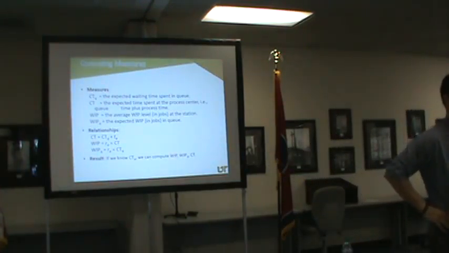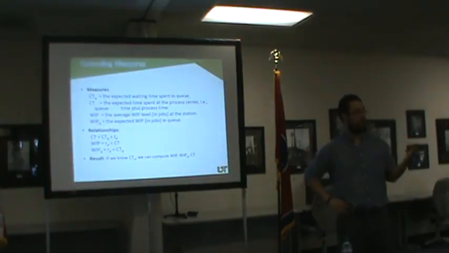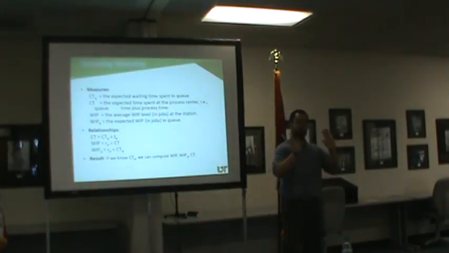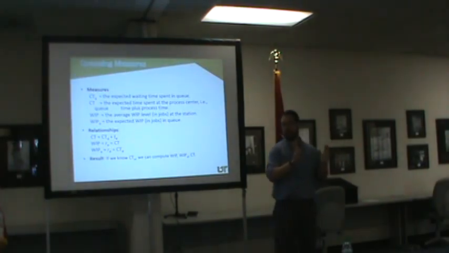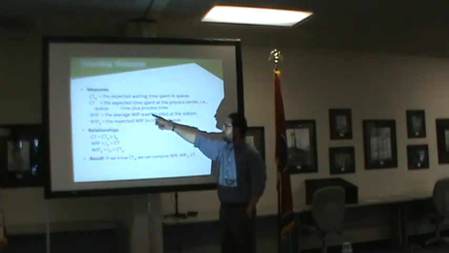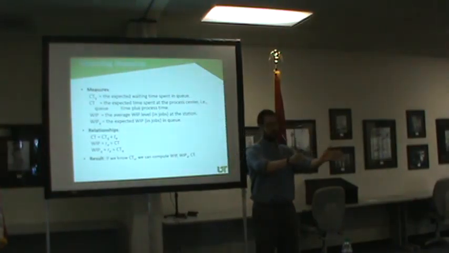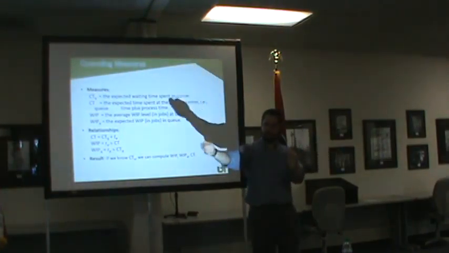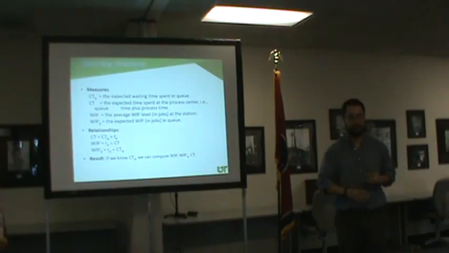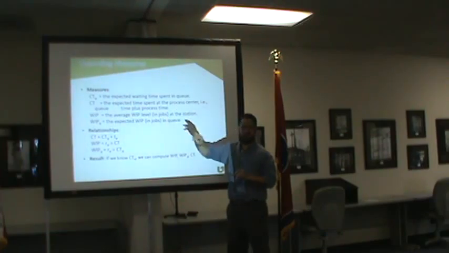So that's basically how much time you're going to have on average waiting in that particular queue, or that particular line. So that corresponds to the left side. Okay? Just the Q. CT would be overall. Time spent at the Q plus time spent being served. Okay? First one only belongs to the left, to Q. Second one is the whole thing.